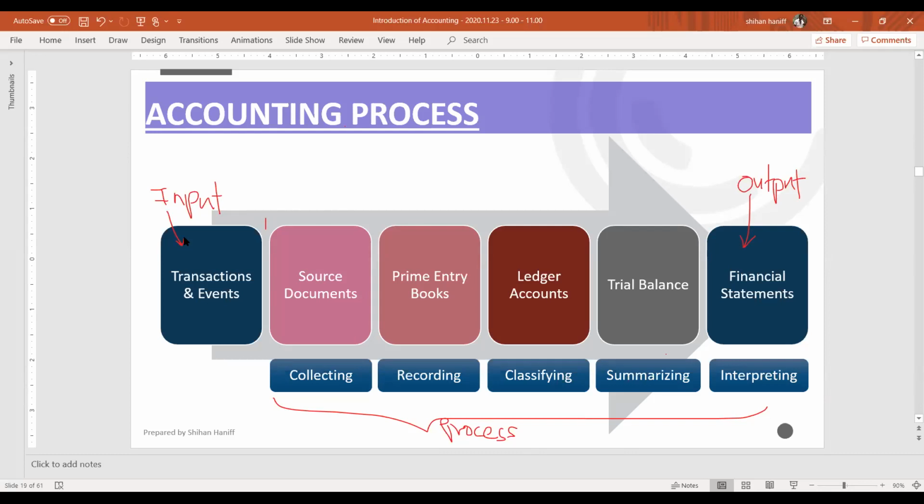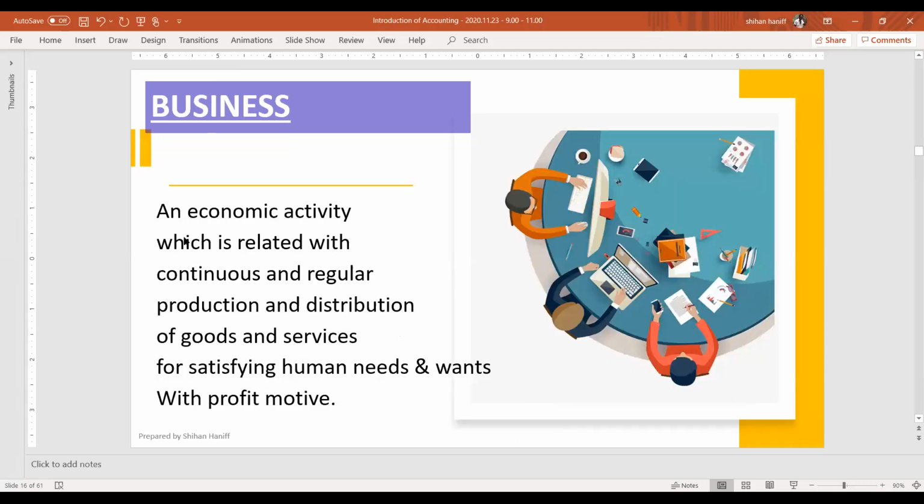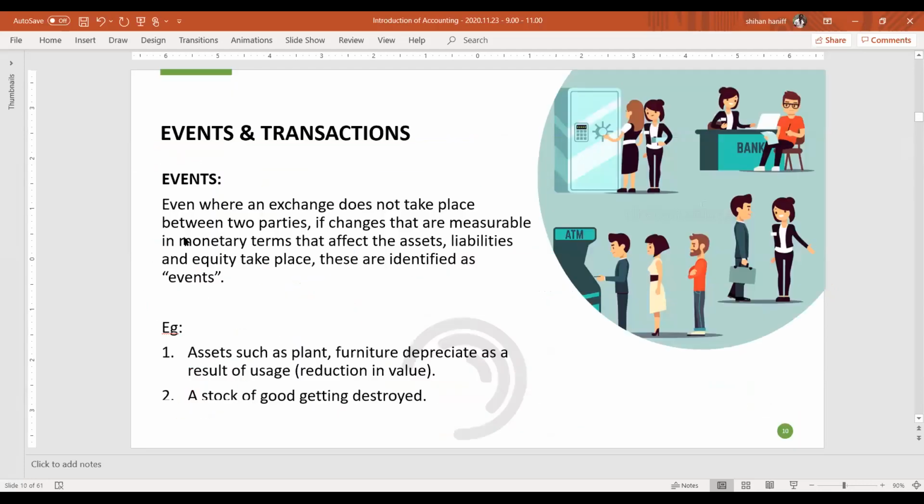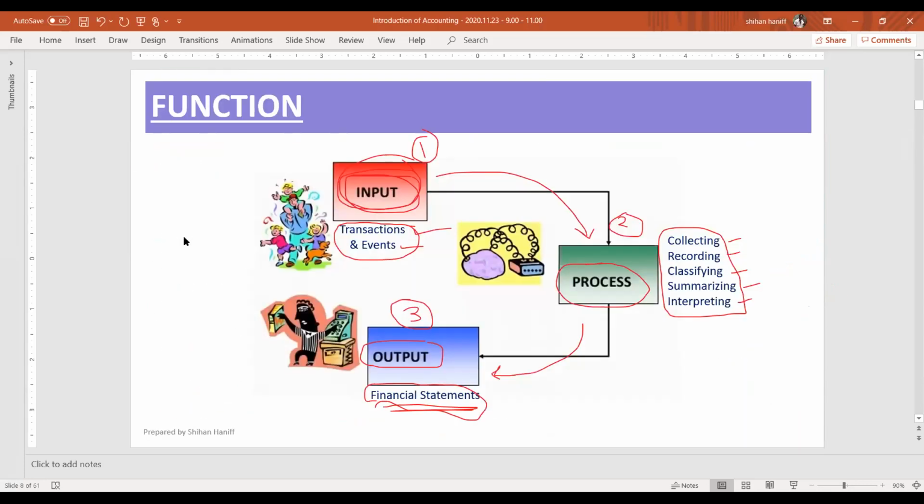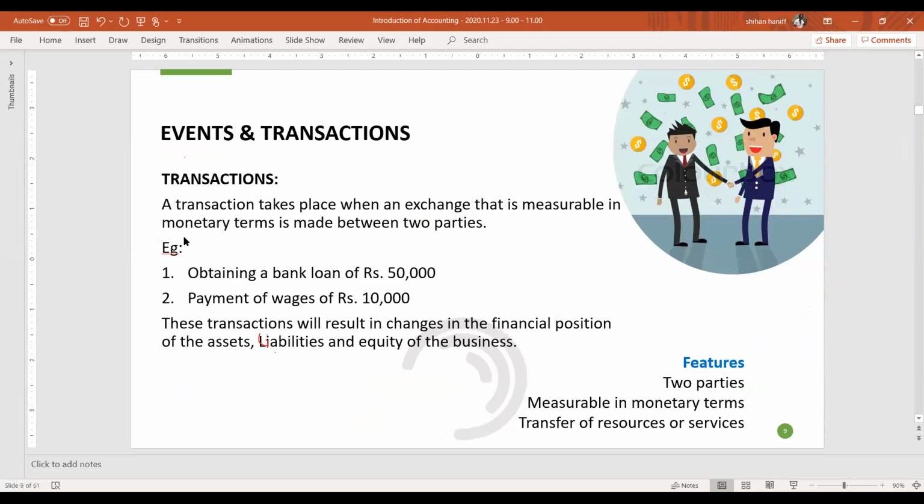The input, process, and output. So what is meant by transactions and events? Let's try to understand the transactions. One of the main accounting inputs is transactions.